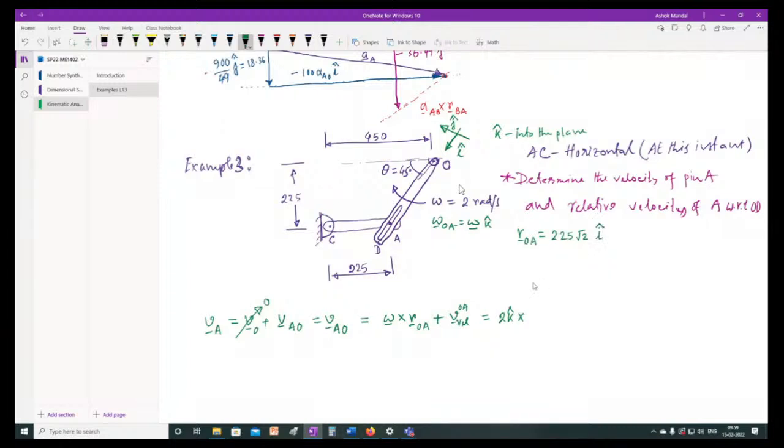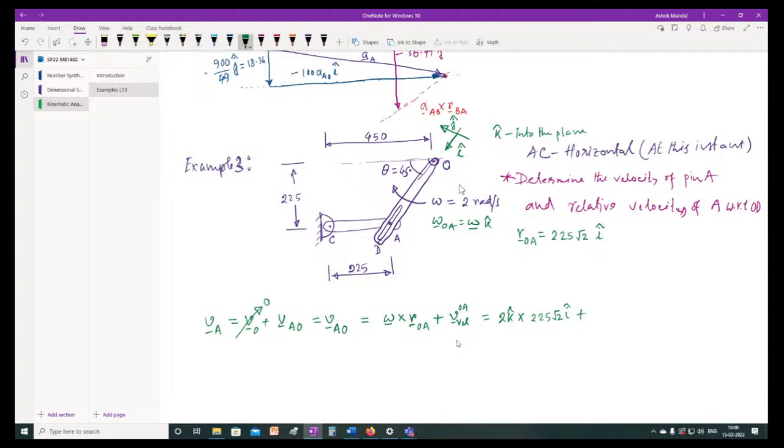We have to give the direction. Take it. So I am writing here, this is 225 root 2 i, first component. Now you tell me what is V relative. Actually, we have to find out V relative, right? Yes, sir.